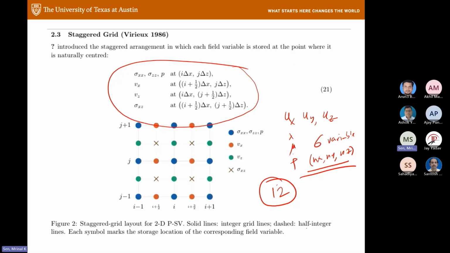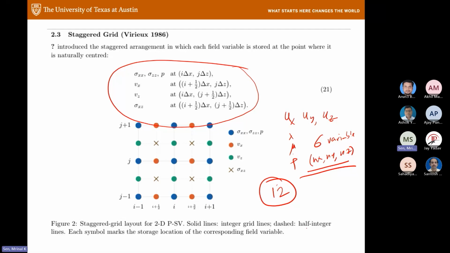So even though it needs more variables, memory requirement may not be large, because your delta x, delta y, delta z can be coarser. And the reason is that we can really show that the numerical accuracy is about the same.